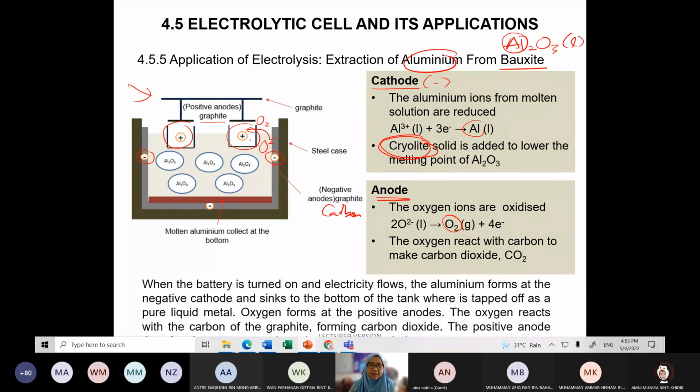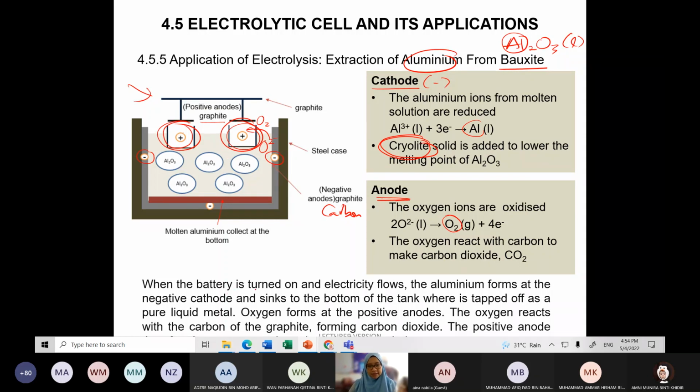So you can imagine, after a while, okay, dia punya graphite tu become thinner. Okay, sebab dia corrode because dia react with the oxygen to produce carbon dioxide. So lama-lama dia menipis lah. So after a certain period of time, okay, the industry needs to replace this graphite. Kena ganti dengan yang baru. So this is also another cost that you need to consider.